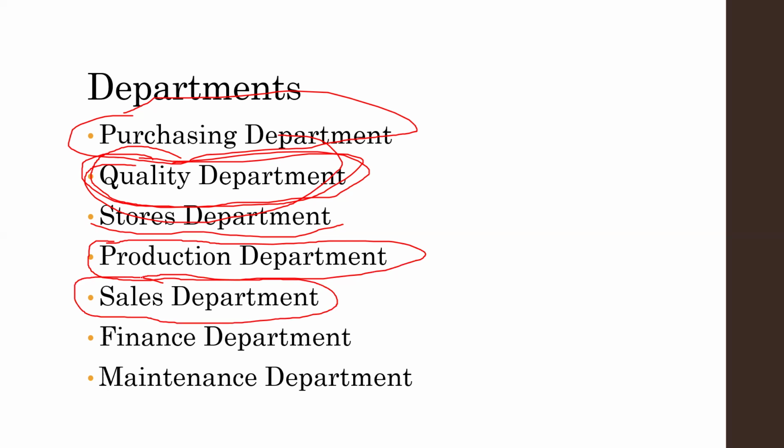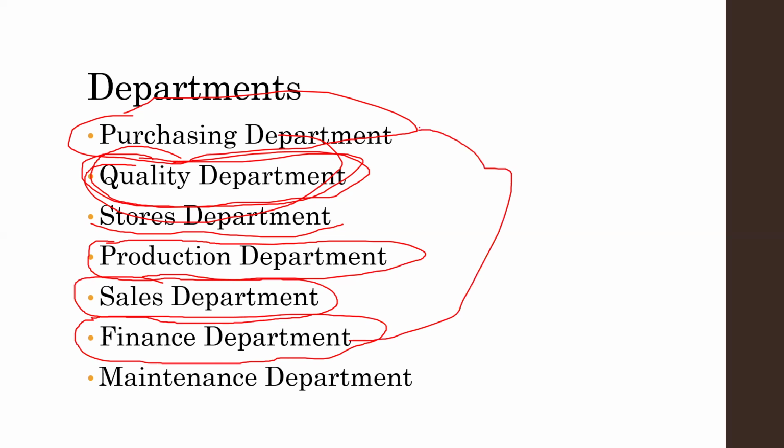Once the finished goods are sold to the customer, the finance department comes into the picture, accounts receivable. They get the money and put it in finance. Through the finance department, through purchasing, vendor payment will be done.